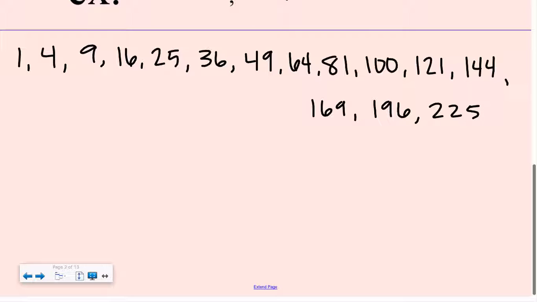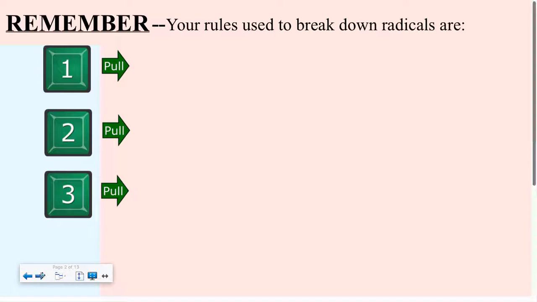These are the numbers that you're looking to divide by today. And so if I give you like the square root of 424, you want to try and divide 424 by one of these perfect squares. If you're not able to divide it by a perfect square, then that means you can't break it down. So you just want to focus on dividing by those numbers.